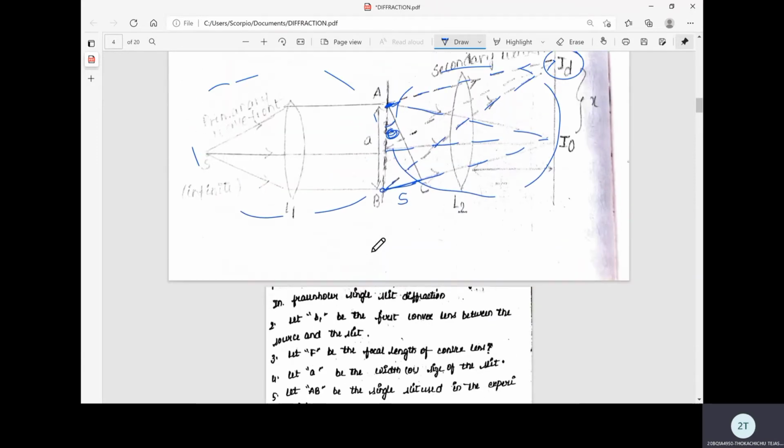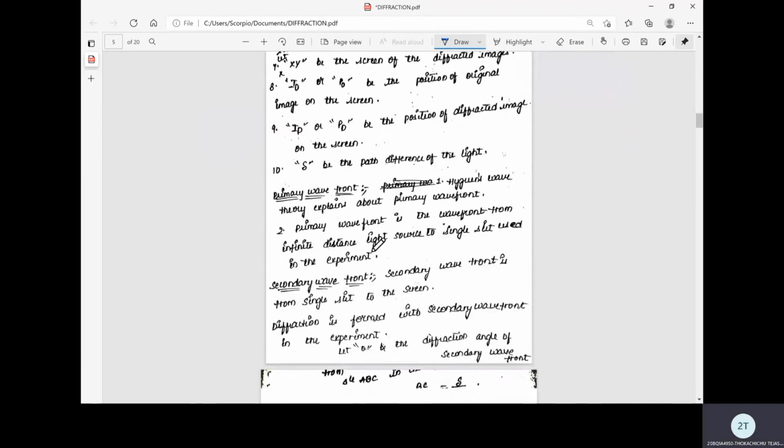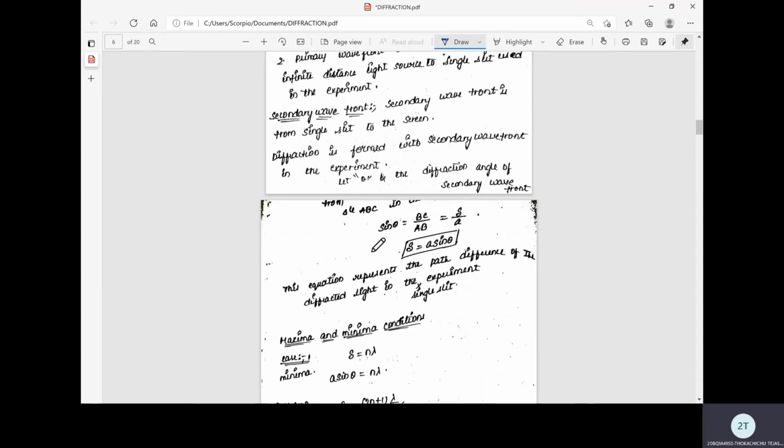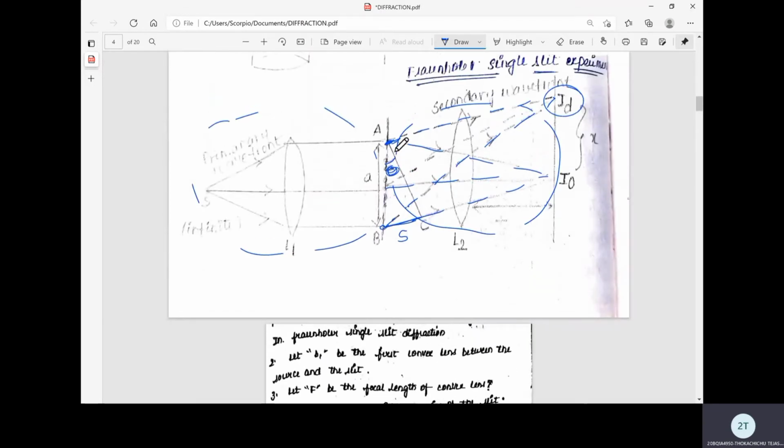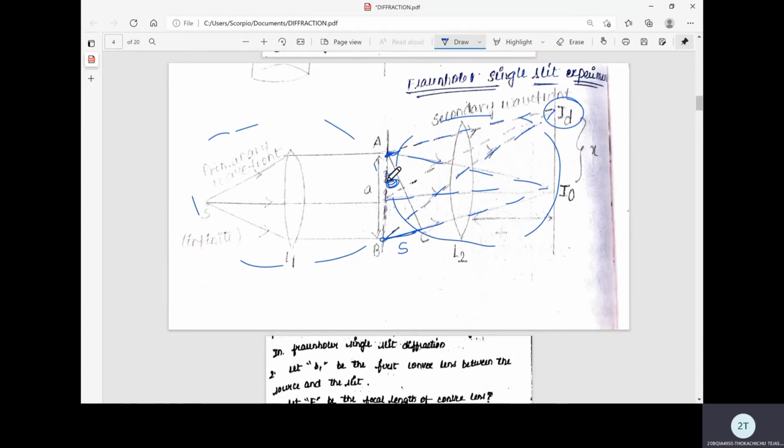Now we've seen all these terms, so let's see the derivation of the path difference in this experiment. Let's consider the sine of the angle of diffraction, sine theta. We know the sine of an angle is the opposite side by the hypotenuse, that is BC by the hypotenuse.